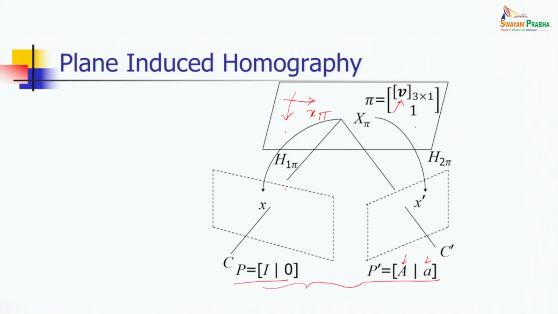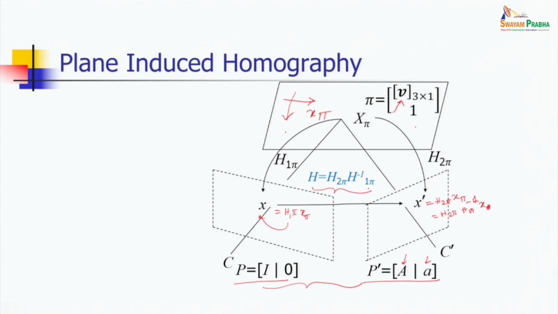So I can write x equal to h1 pi x pi, and x prime equal to h2 pi x pi. So x prime equals h2 pi into h1 pi inverse x, because it goes here. That's why this is the homography.